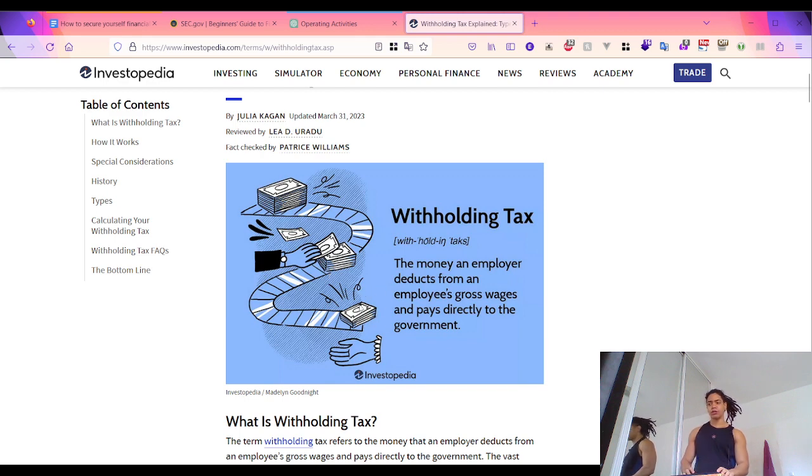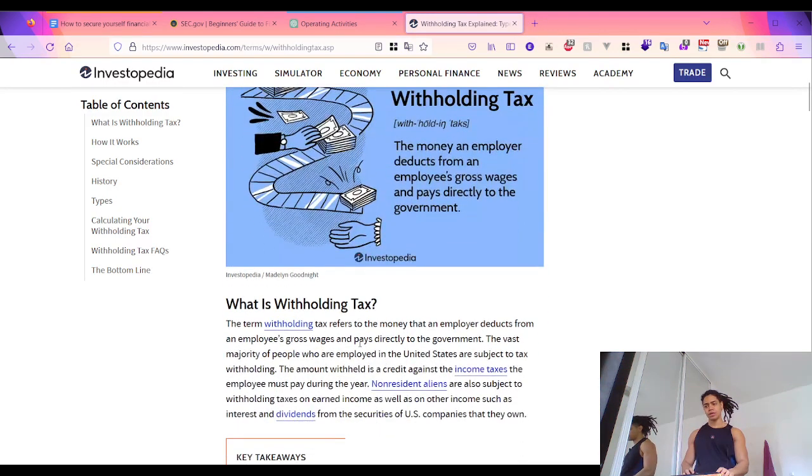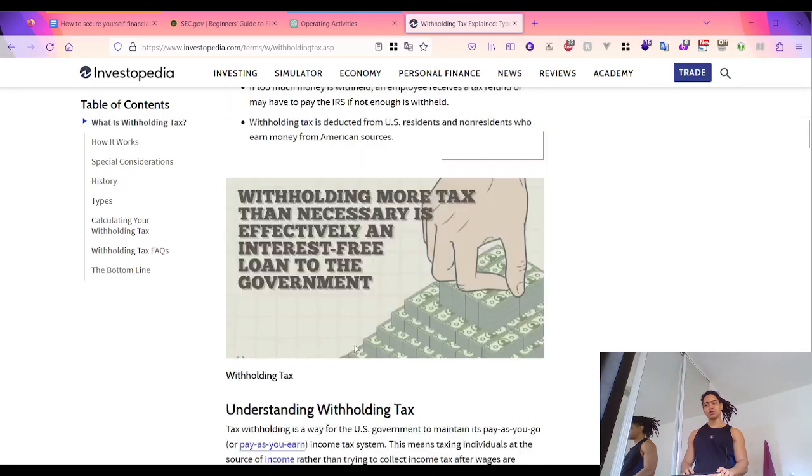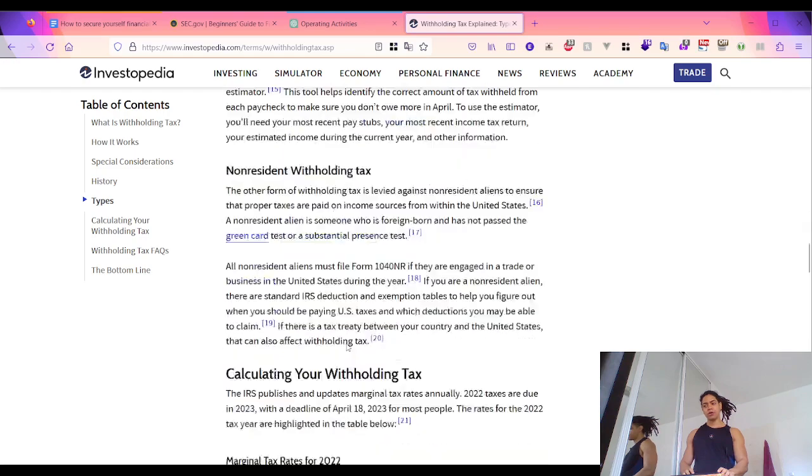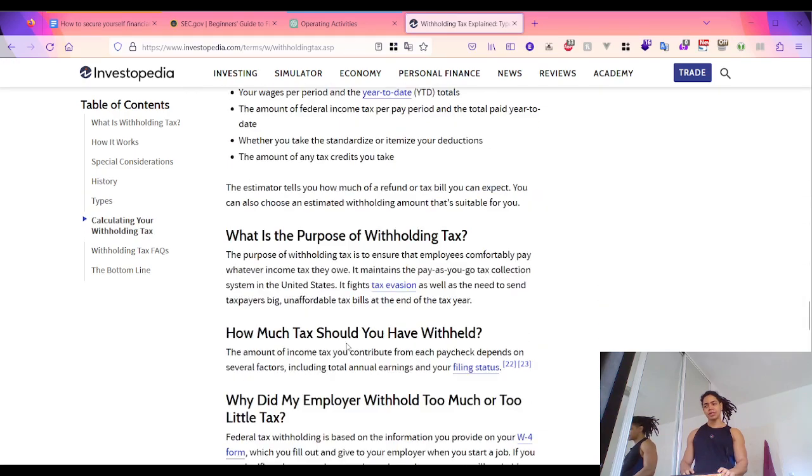The whole purpose of this withholding tax, according to Investopedia, is to fight tax evasion, as well as to avoid sending the taxpayer a big, unaffordable tax bill at the end of the year.